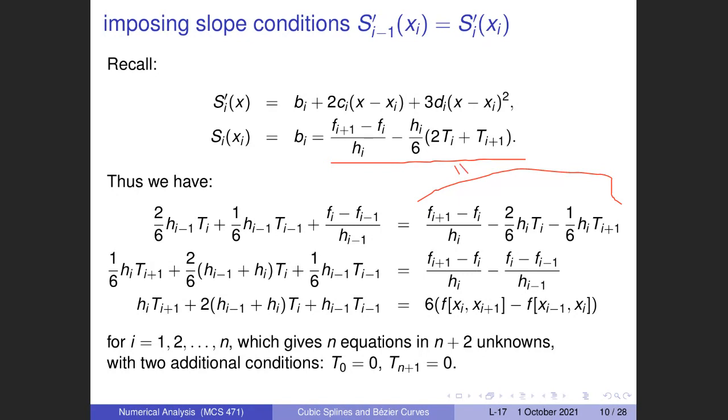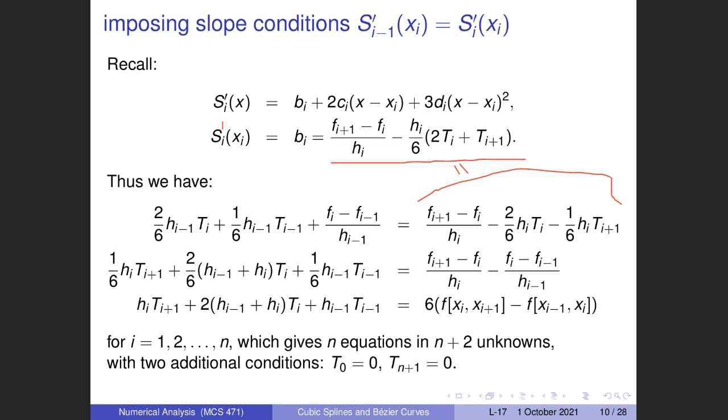So what is at the right is the slope condition at the right point, and here I forgot a prime, so there's another bug here. The slope condition at the right point is the right-hand side, and at the left we have everything the same, but now you can see that every i is replaced by i minus 1, and the i plus 1 is replaced by i.